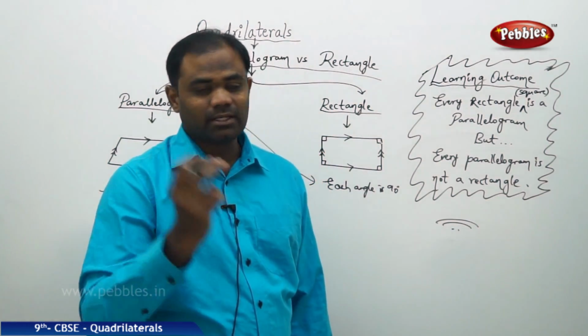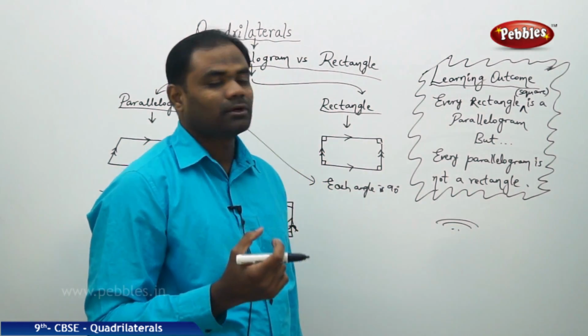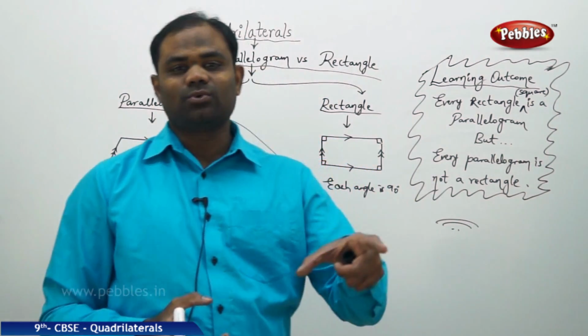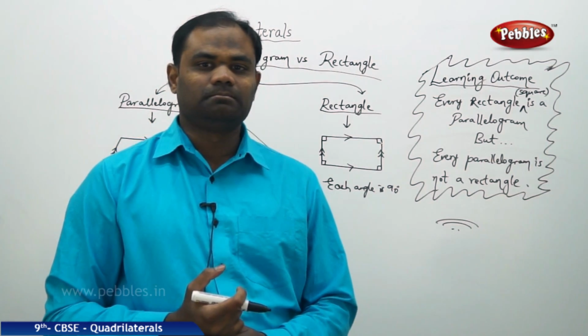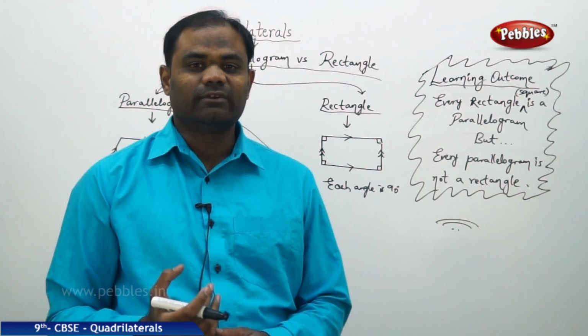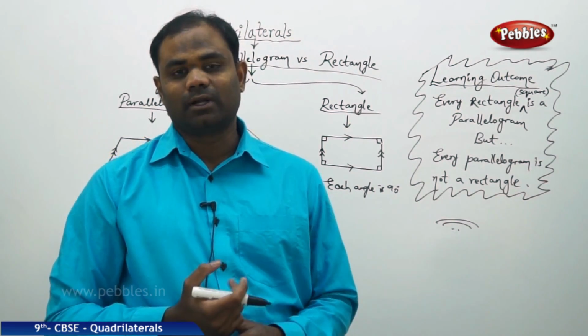Every square is a parallelogram, but every parallelogram is not a square. This is how I connect between a square and a parallelogram. The properties are similar to rectangle and square when connected with parallelogram.